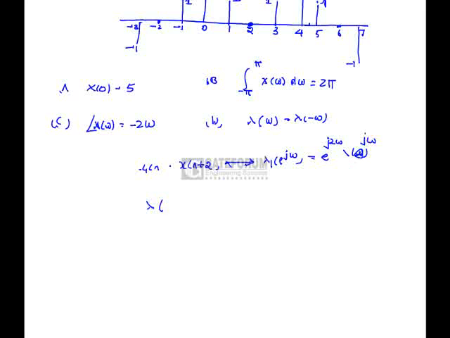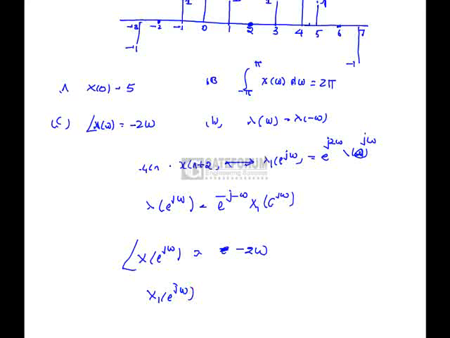So X of e power j omega is nothing but e power minus j2 omega times X1 of e power j omega. So the angle of X of e power j omega is nothing but minus 2 omega. Here X1 of e power j omega is nothing but a real function whose phase is 0.